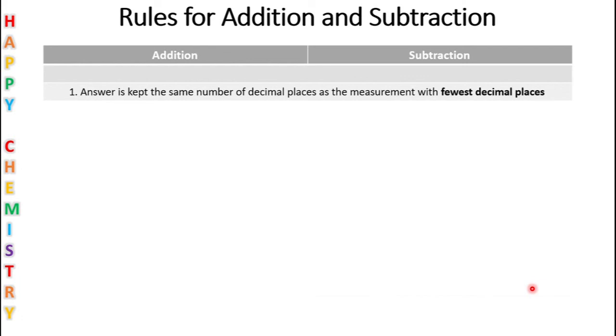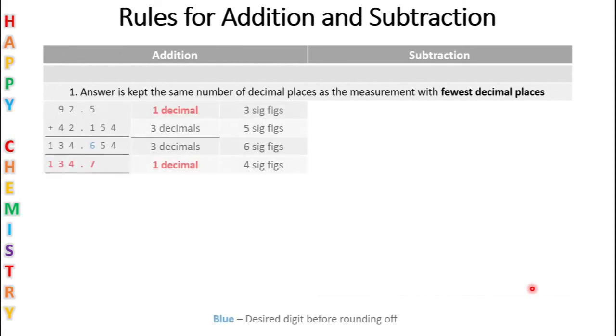It is important to note that here we are looking at the minimum number of decimal places and not the significant figures. Accordingly, we will get the right number of significant figures for the final answer. The desired digit, according to the number of decimal places, is indicated in blue in the examples.